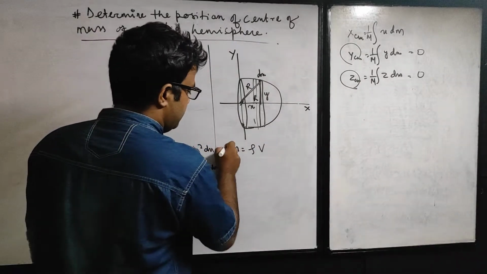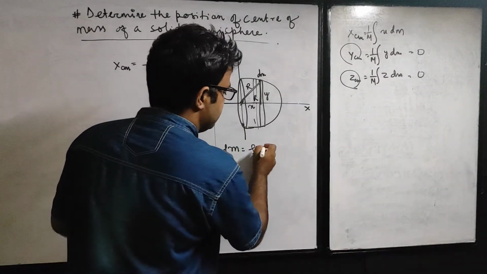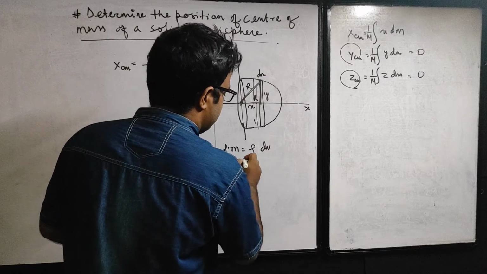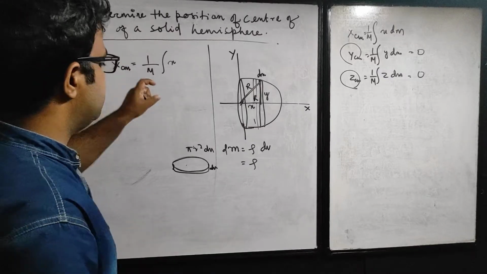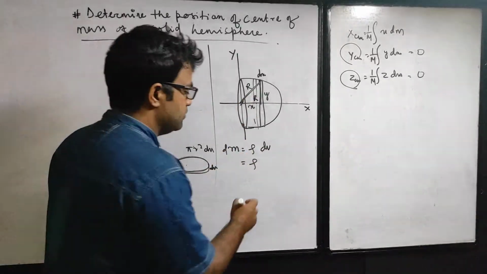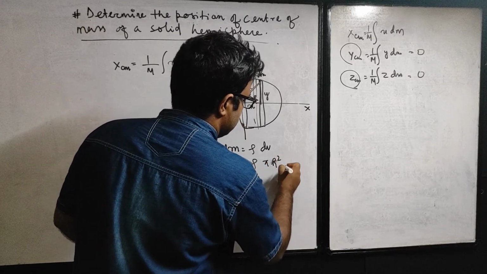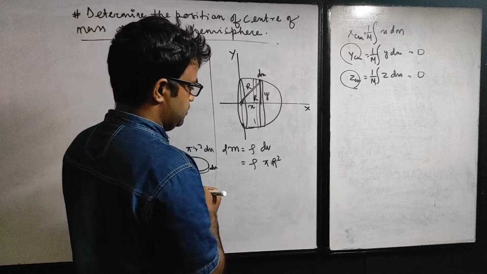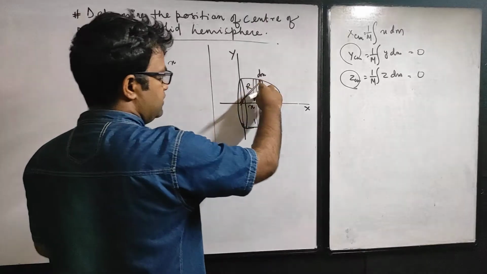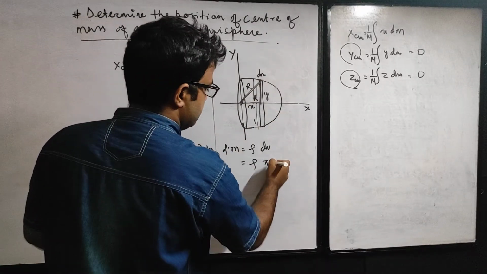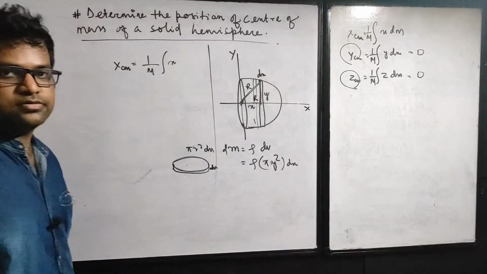Here we are supposed to find dm, so we can write rho dv, where dv is the small volume. What will be the dv? Volume is pi r square, but here what is the radius of this disc?